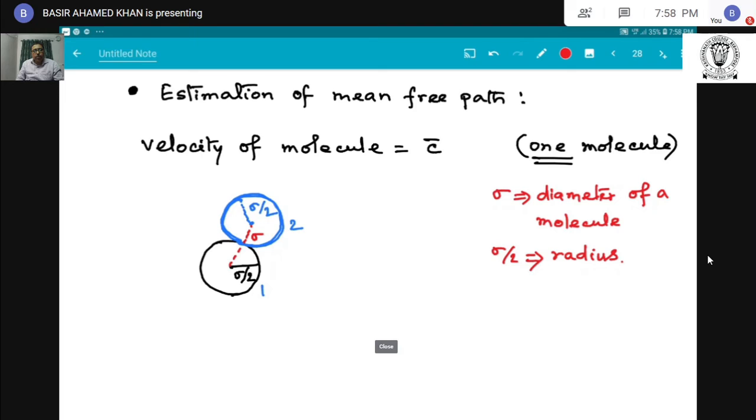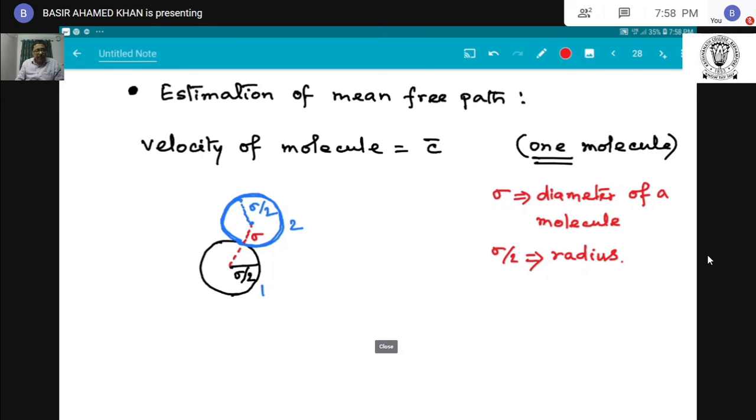So one molecule collides with another molecule, and at the time when they collide with each other, the distance between the two gas molecules will be sigma.